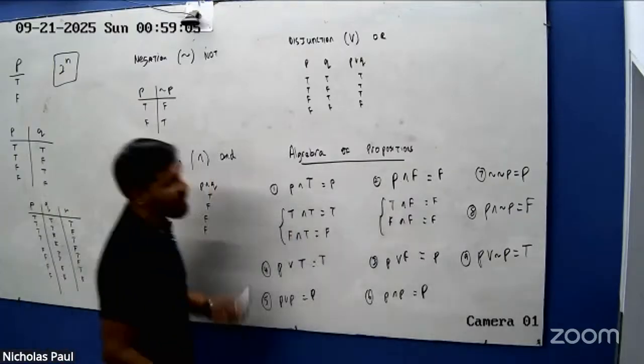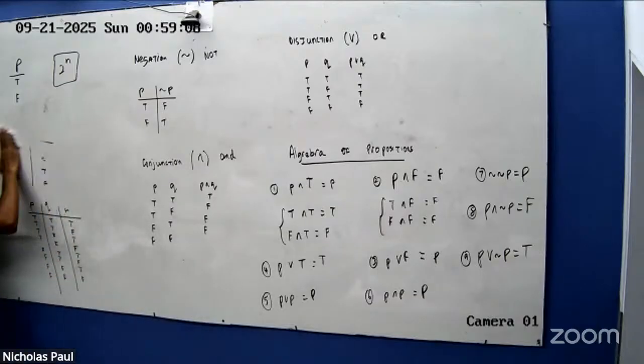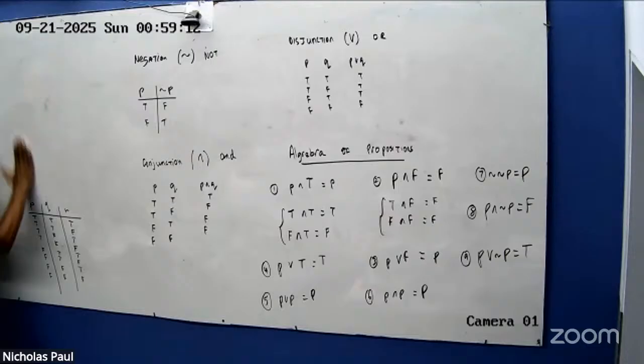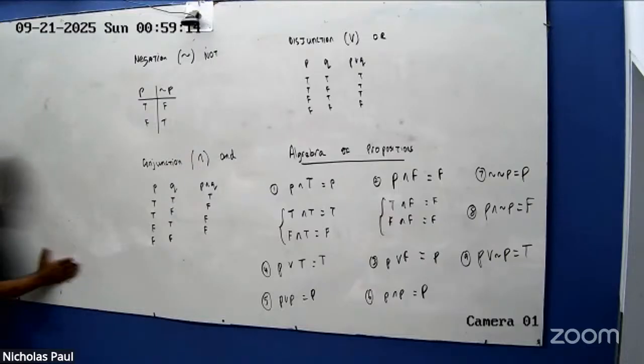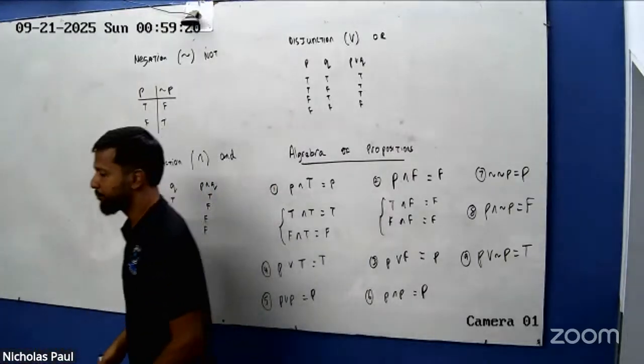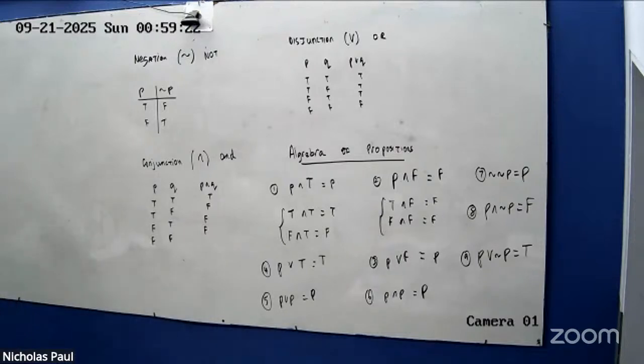To show something is logically equivalent, we have to check and see if all the truth values are the same. So make a note of that. Logically equivalent implies that the truth values are.